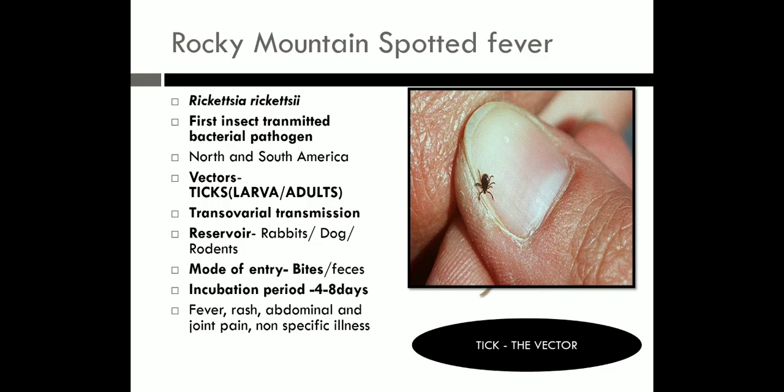The complications usually include vascular damage, increased permeability, edema, hemorrhage, DIC, that is disseminated intravascular coagulation, along with the involvement of the CNS and the lungs in the form of interstitial pneumonitis and myocarditis and renal failure.